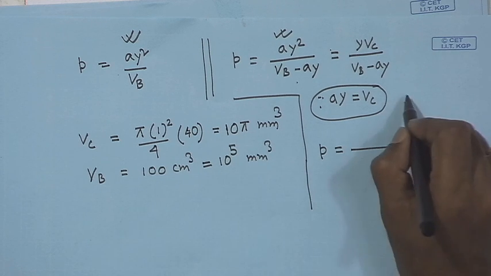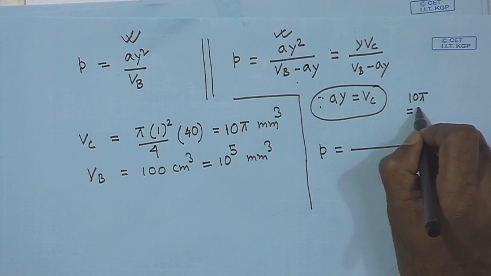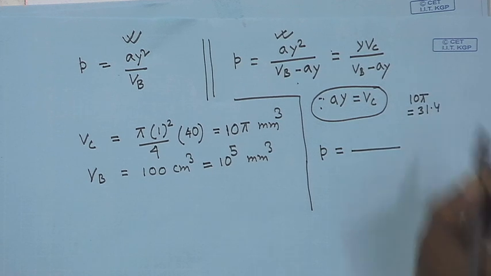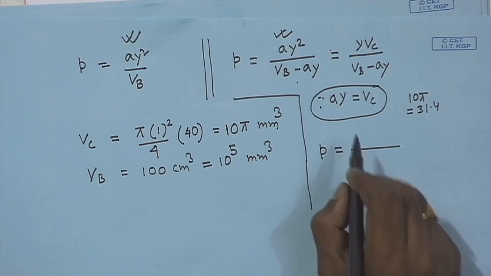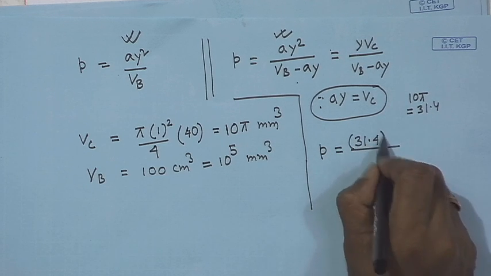If we take pi equal to 3.14, it will be 31.4.